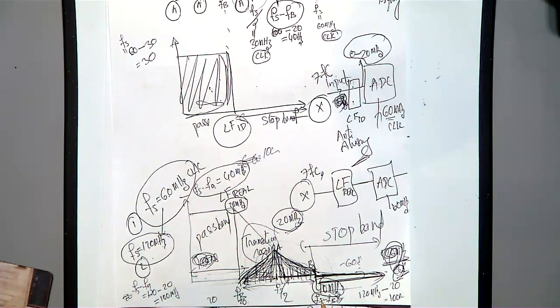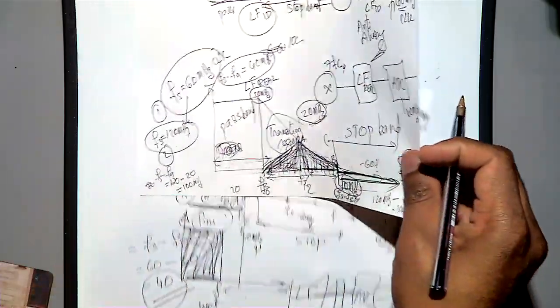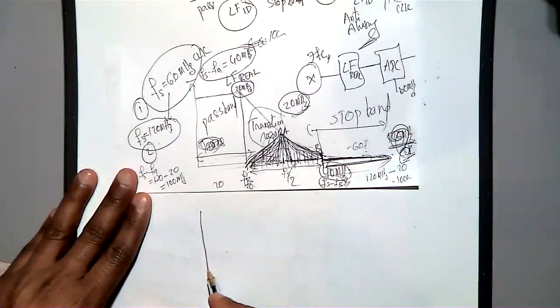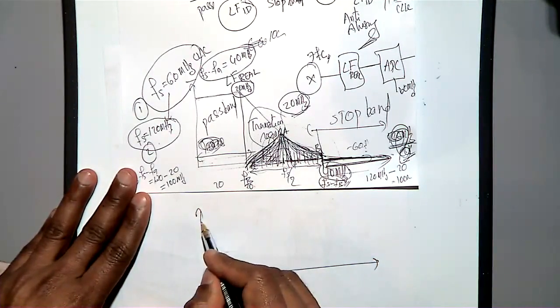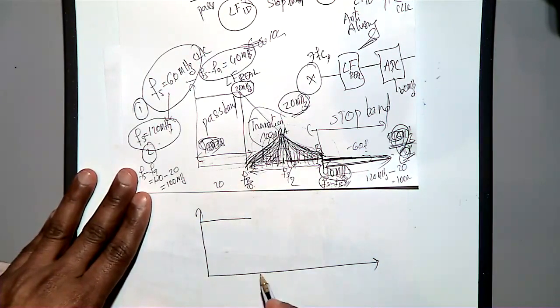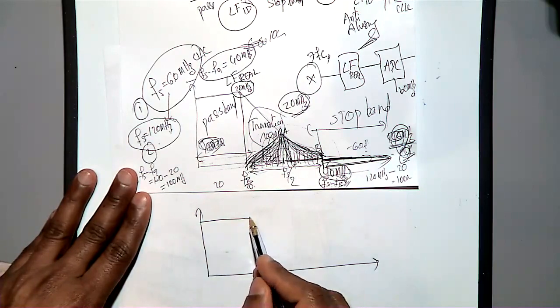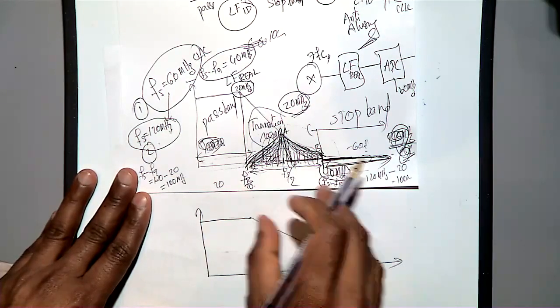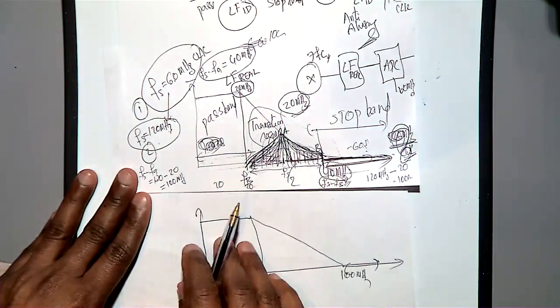Now in your new filter, this is 20, and previously Fs minus Fa was 40, now we can have 100. Because after 100 megahertz only will everything be folding into your region of interest. You know what I meant?